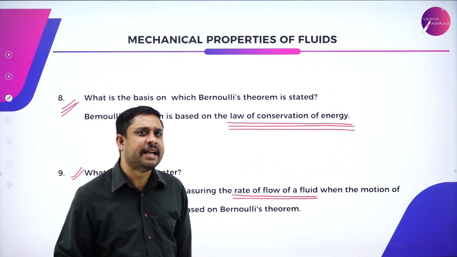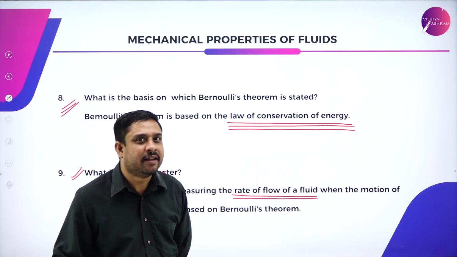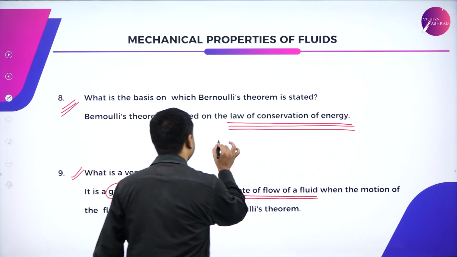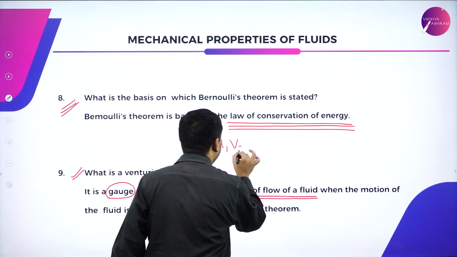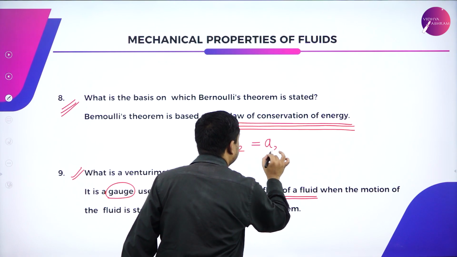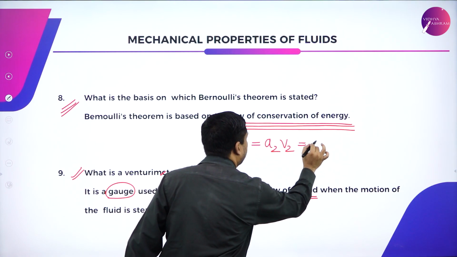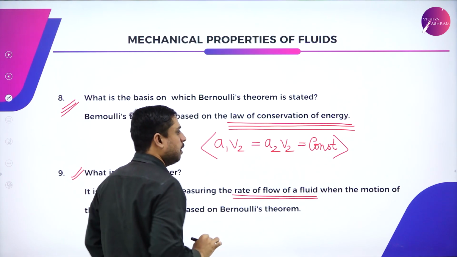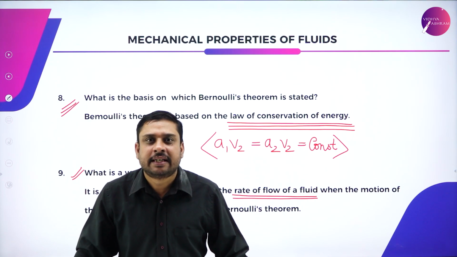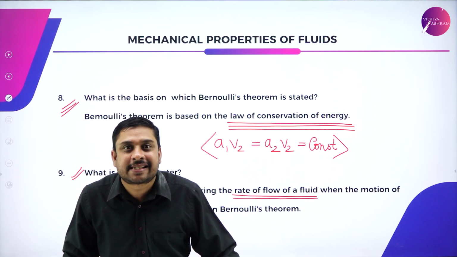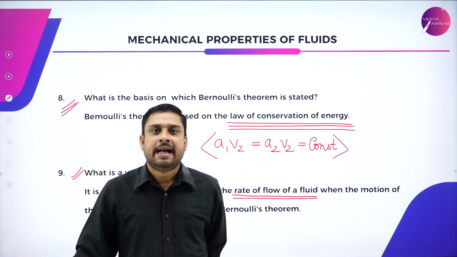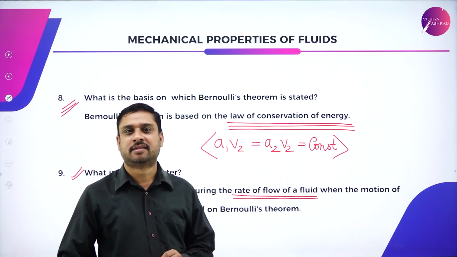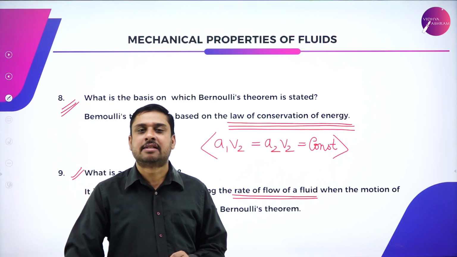And very importantly, we also studied the equation of continuity. What did it say? A1 V1 equals A2 V2 is always constant. The product of area of cross section of flow and velocity of a fluid across that cross section is always constant.